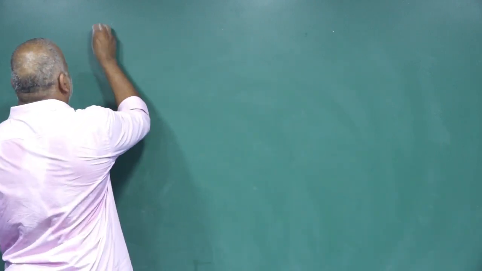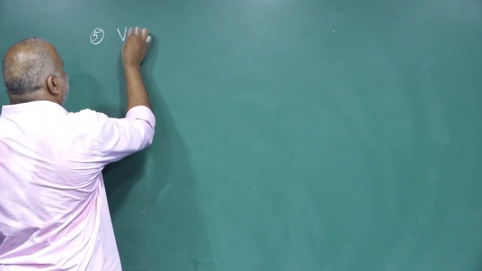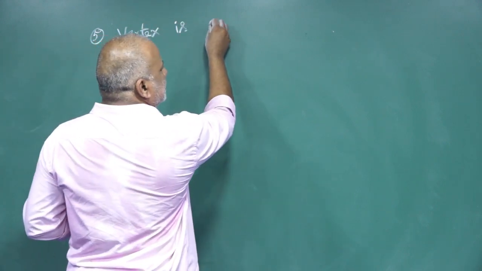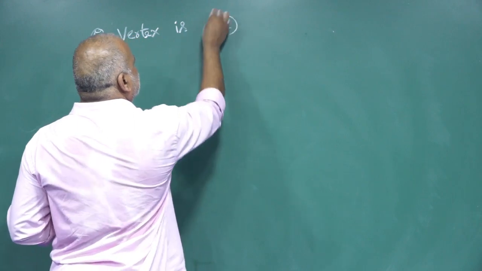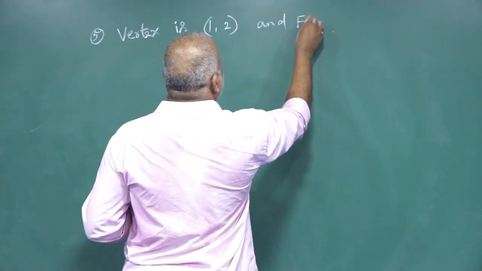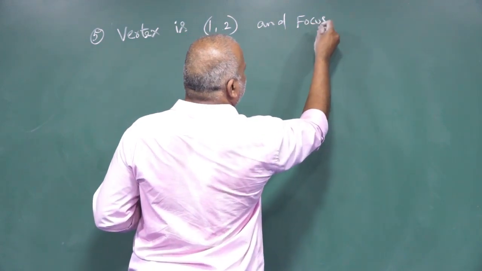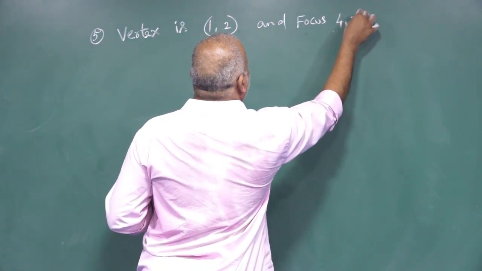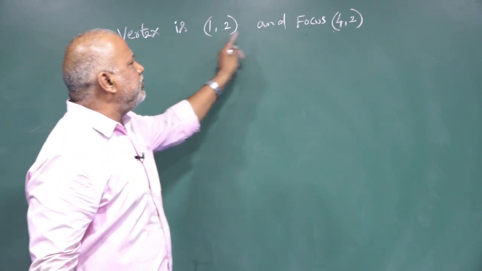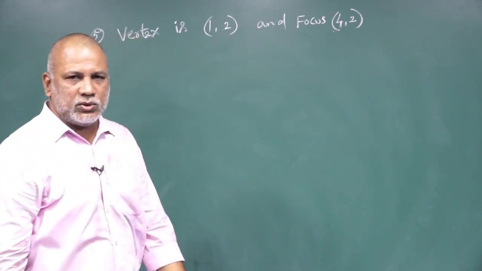Now, in this type, the vertex is (1, 2) and the focus is (4, 2). Now listen, the vertex is (1, 2), the focus is (4, 2).